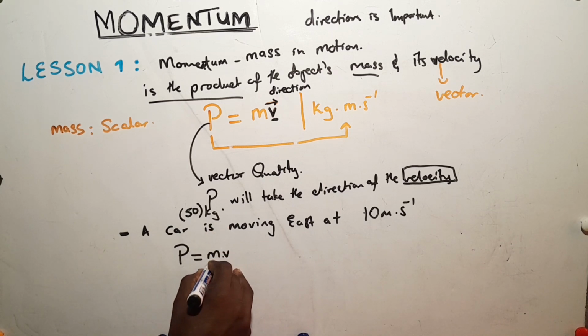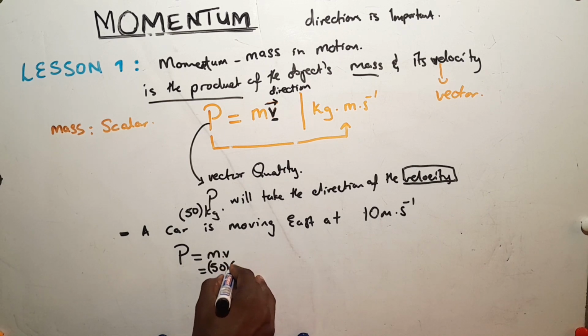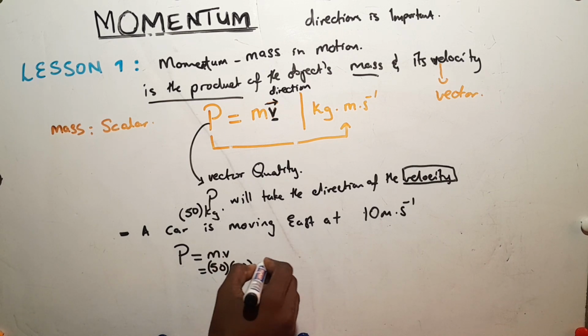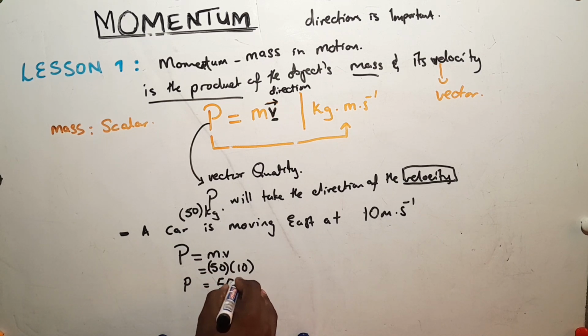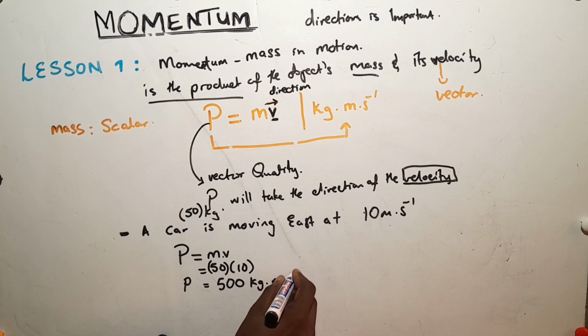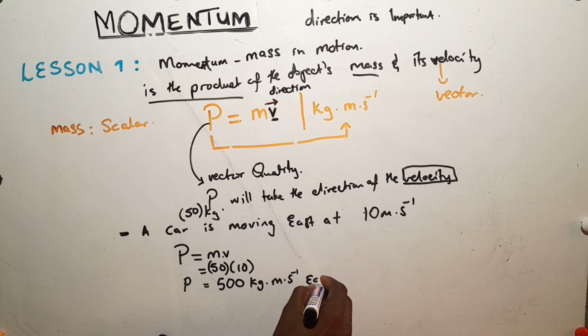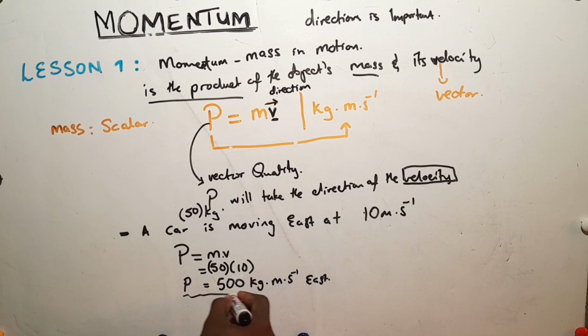The mass is 50, multiplied by its velocity, which is 10 to the east, which makes the momentum 500 kg m/s east. When calculating momentum in situations like this, it becomes very simple.